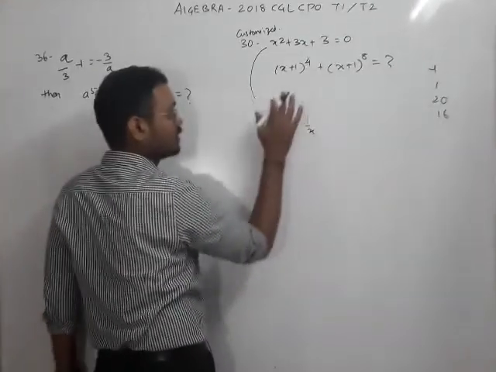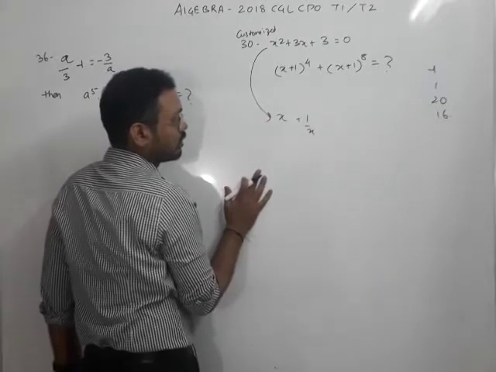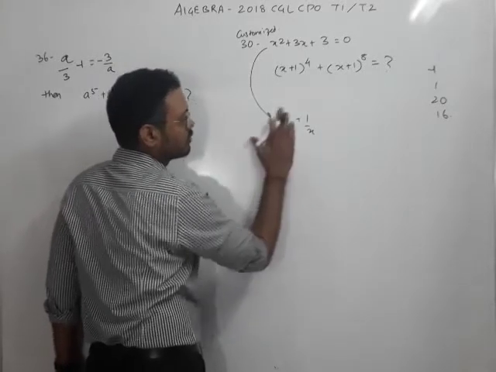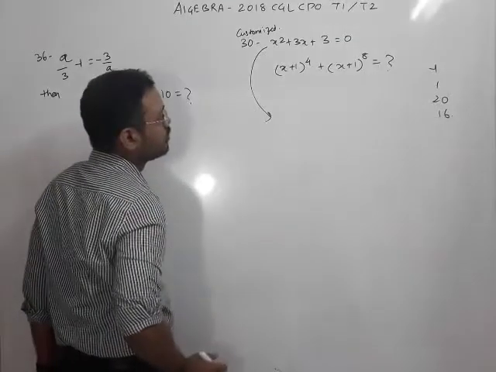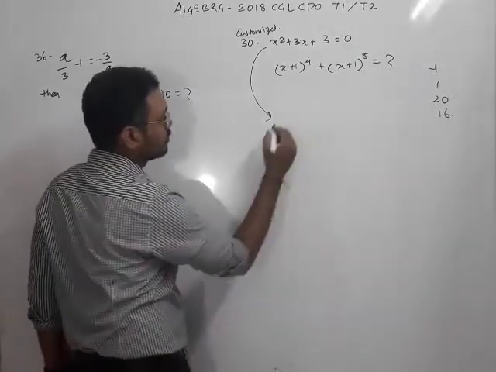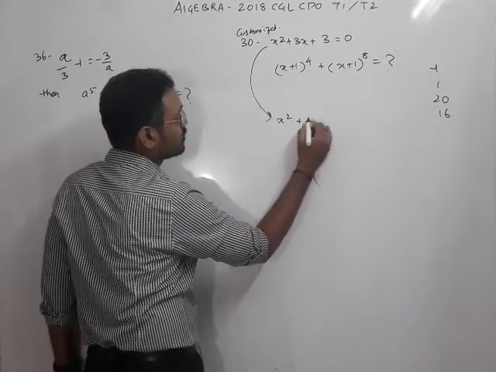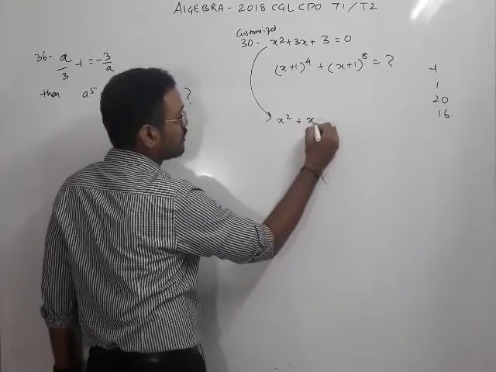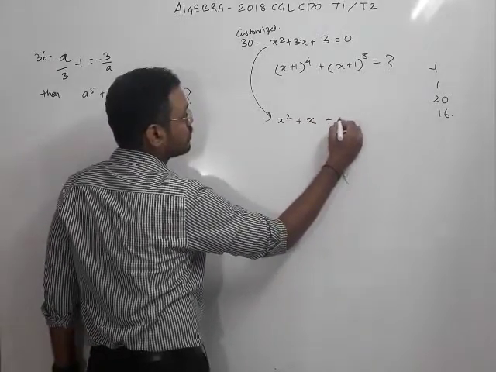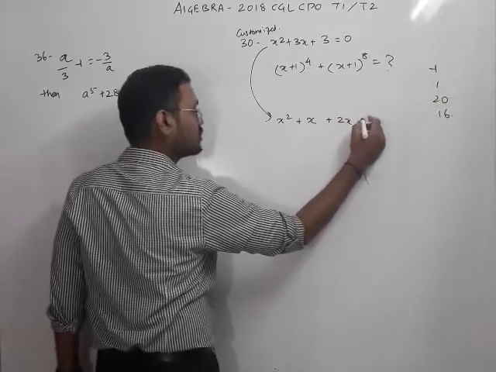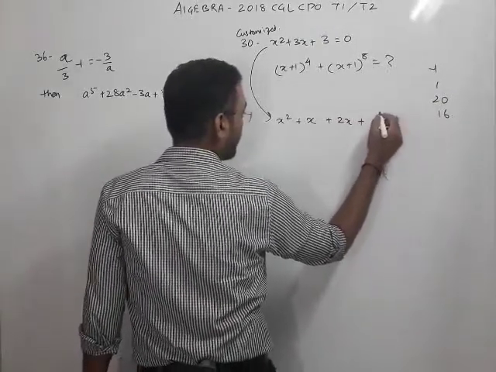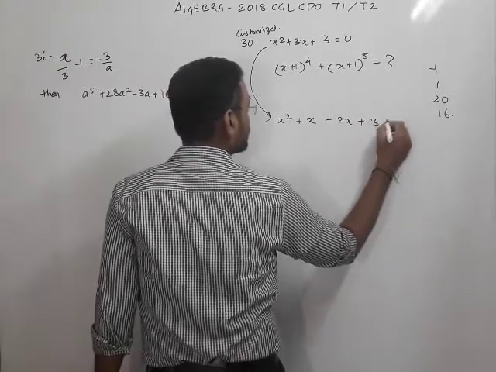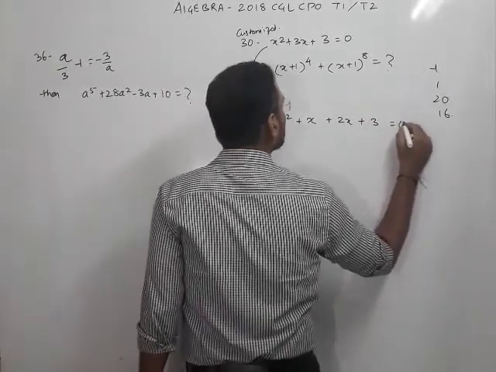This time I need x plus 1 raised to something. So what can I do? x square plus x plus 2x plus 3 is equal to 0.